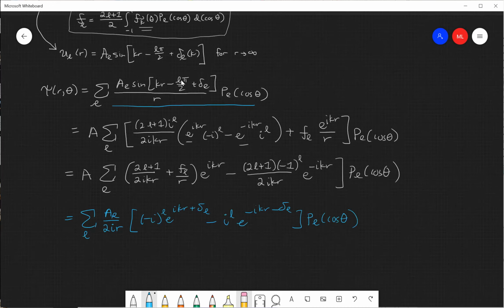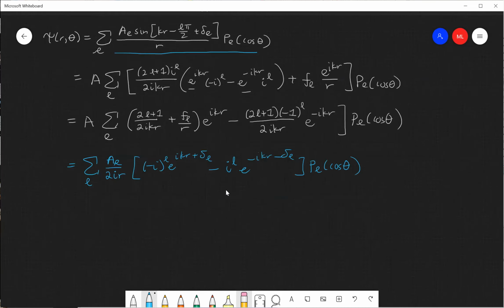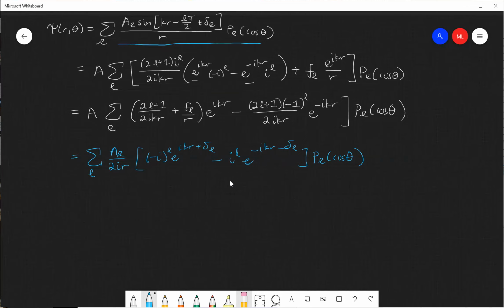And now again, we could break it up, but we don't have to. We can already see what's going on. This part must be equal to this part, both proportional to e to the iKr, and this part must be related to this part. That part's the incoming spherical wave. So you can identify immediately the relationships between the coefficients.